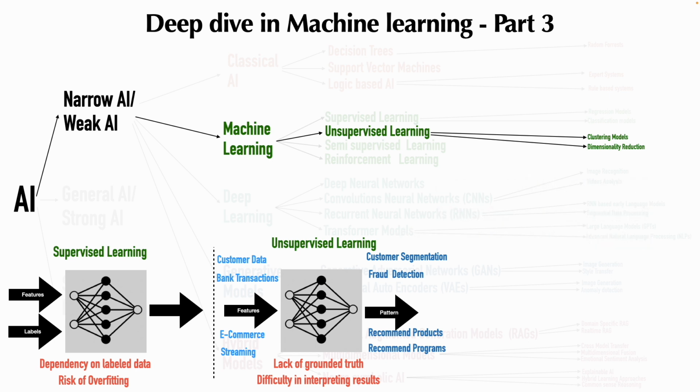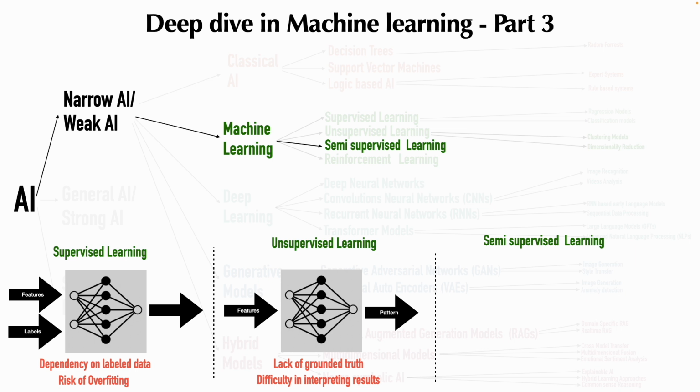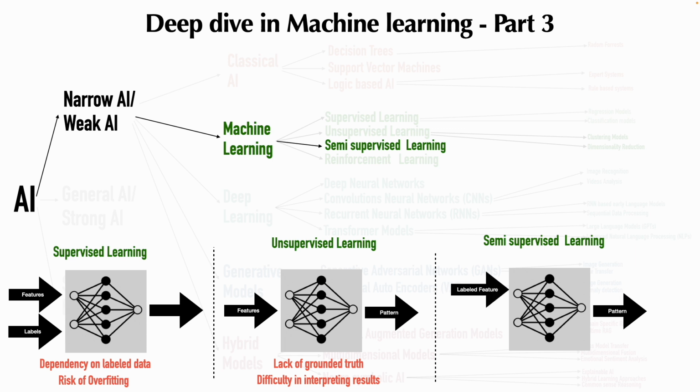That is where we come up with a hybrid approach combining both supervised and unsupervised learning. Not surprisingly, this approach is called semi-supervised learning. In this case, we have a neural network that produces a model capable of recognizing the patterns. The key difference is that these models are trained using both labeled and unlabeled features.